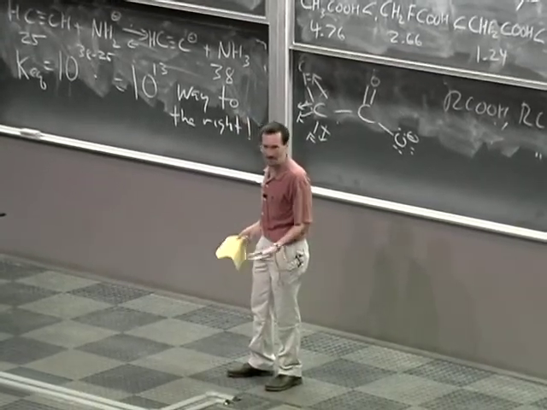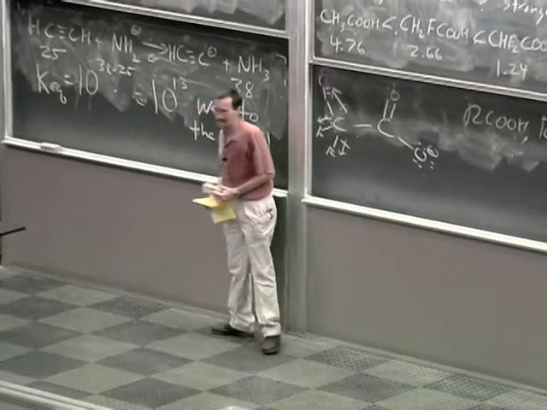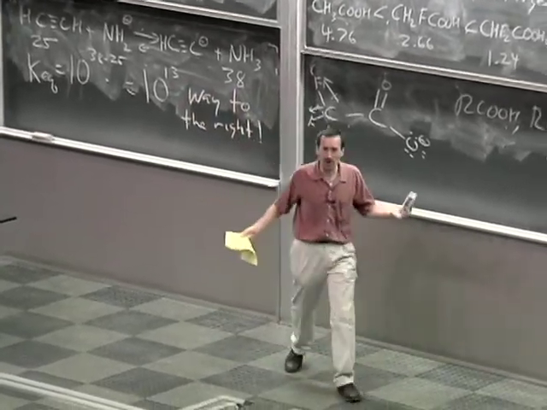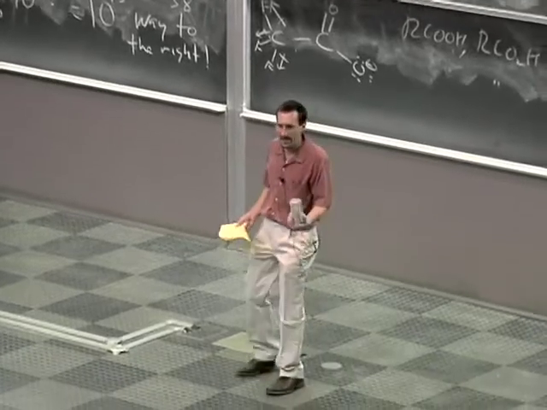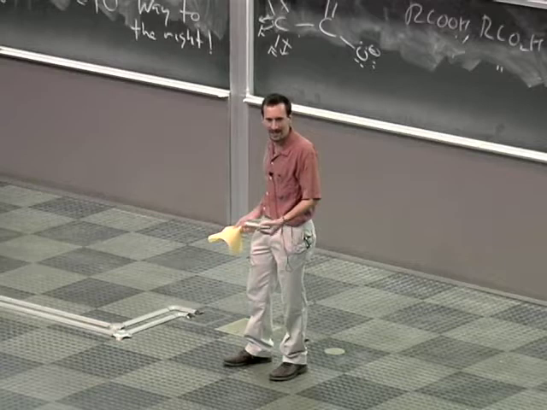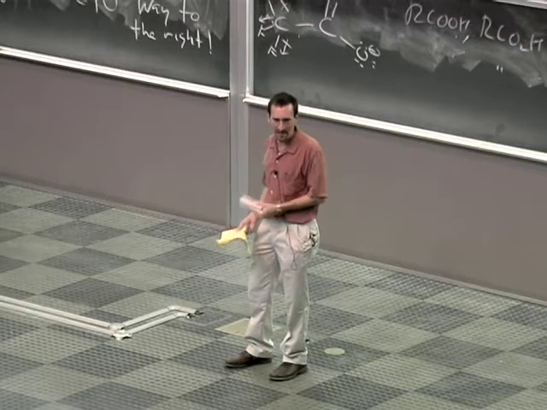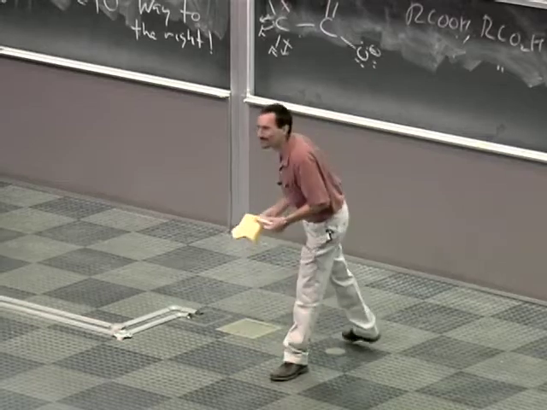But to a first-order approximation, with an equilibrium constant of 10 to the 13th, the concentration of acetylide anion is pretty darn close to 0.